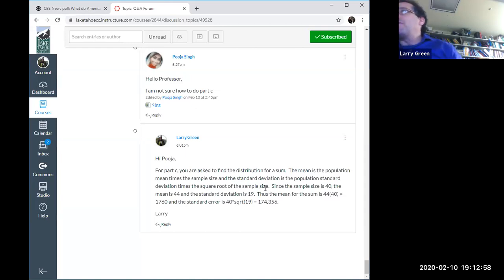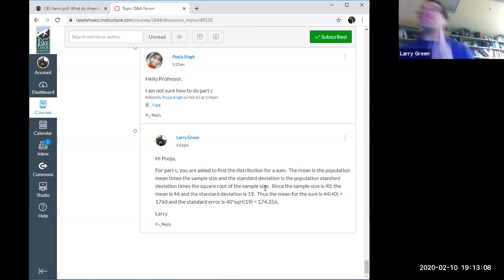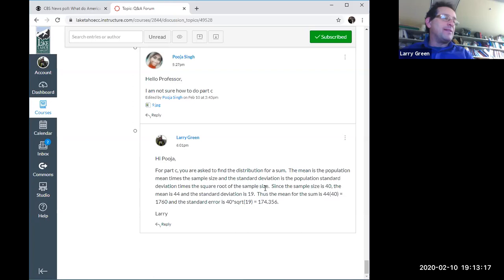I don't know if you remember those formulas. I think I took it in my notes for the proportion. No, this is not proportion. This is for sums or totals. This is the central limit theorem for sums.